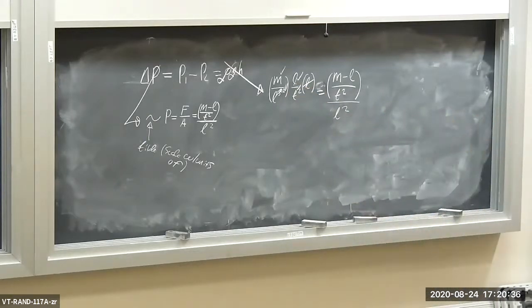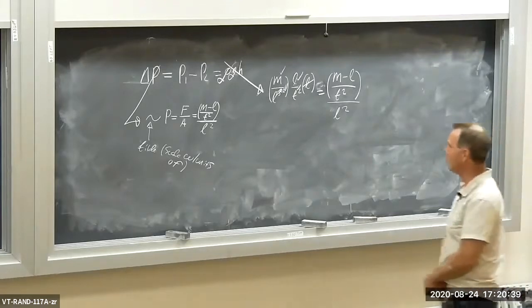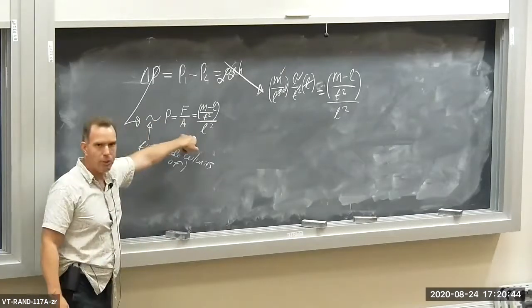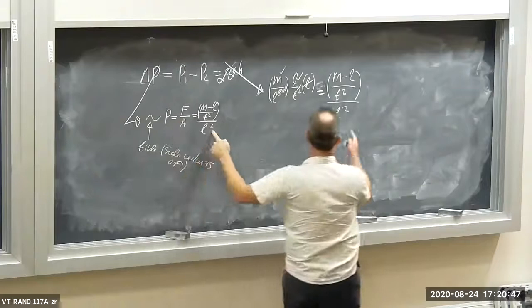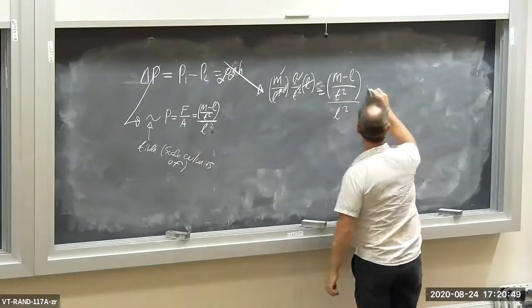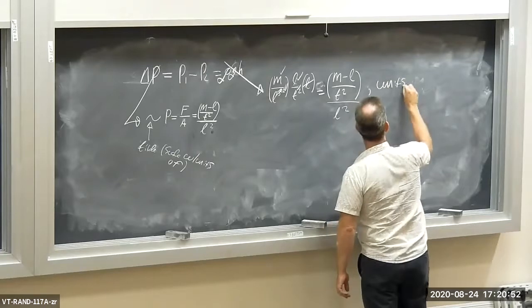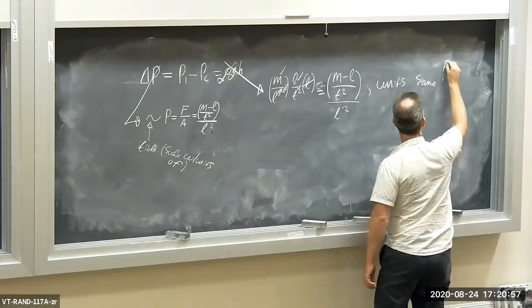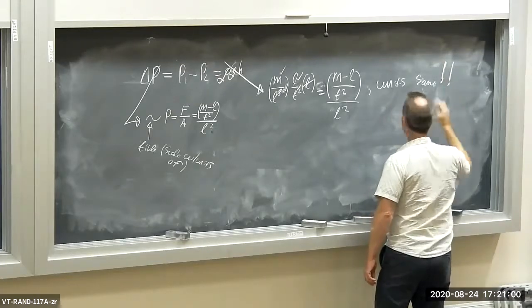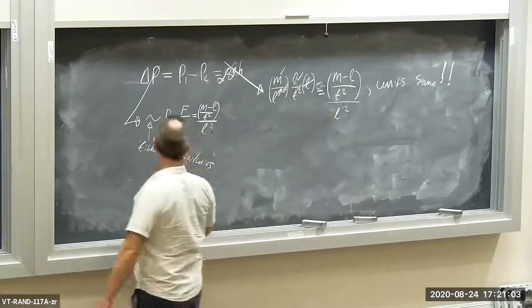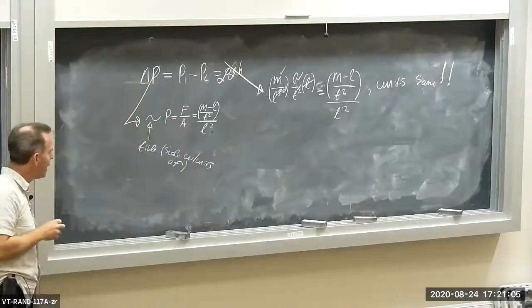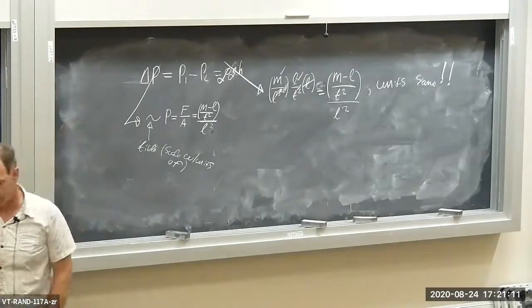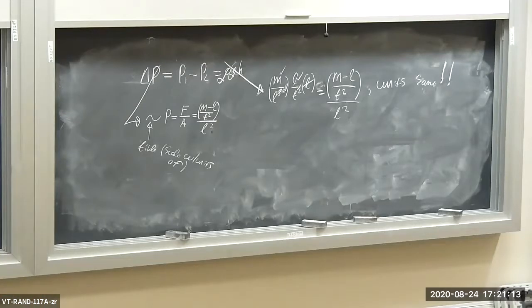Mass times length over time squared divided by a length squared, same as the units for pressure. Units are the same. The left-hand side of that equation has the same units as the right-hand side of the equation. So it is dimensionally correct.